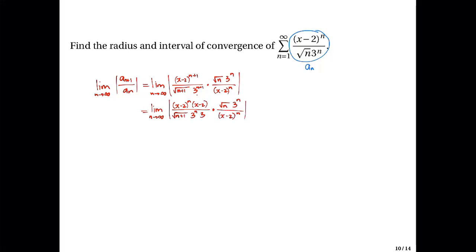And from here, we clearly see that we can cancel x minus 2 to the n. We can also cancel 3 to the n. And therefore, we will be left with the following expression. First, x minus 2 here does not depend on n, so we can bring it out. Also this 3 here. So we will have absolute value of x minus 2 over 3 times the limit as n approaches plus infinity of square root of n over square root of n plus 1.